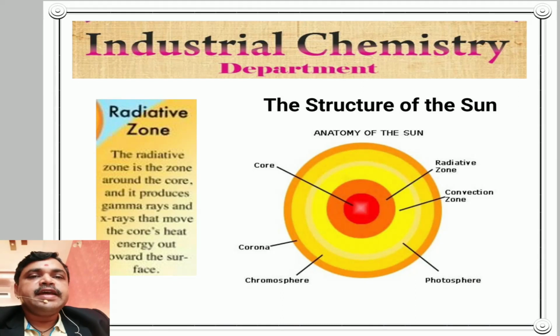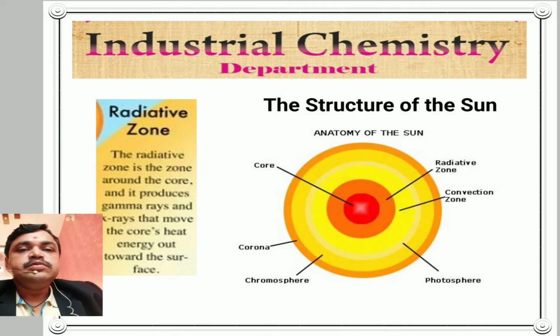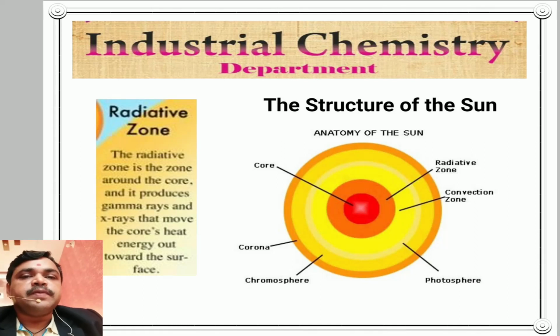Second is the radiative zone. The radiative zone is the zone around the core and it produces gamma rays and X-rays that move the core's heat energy towards the surface.